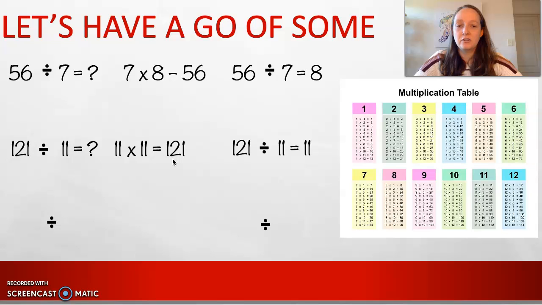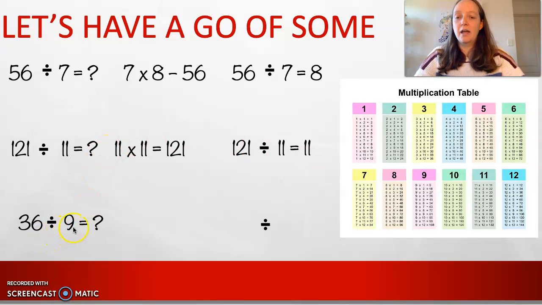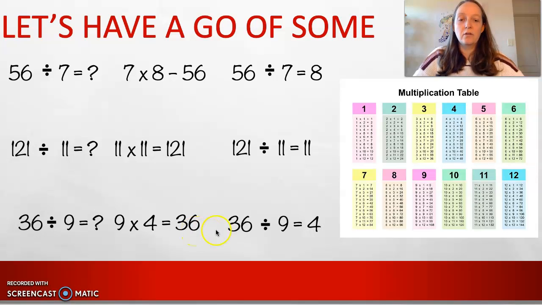Therefore, 121 divided by 11 equals 11. All right, final one. Here we go, 36 divided by 9. Thinking about our 9 times tables, we know that 9 times 4 equals 36. Therefore, 36 divided by 9 equals 4. They're the inverse of one another.